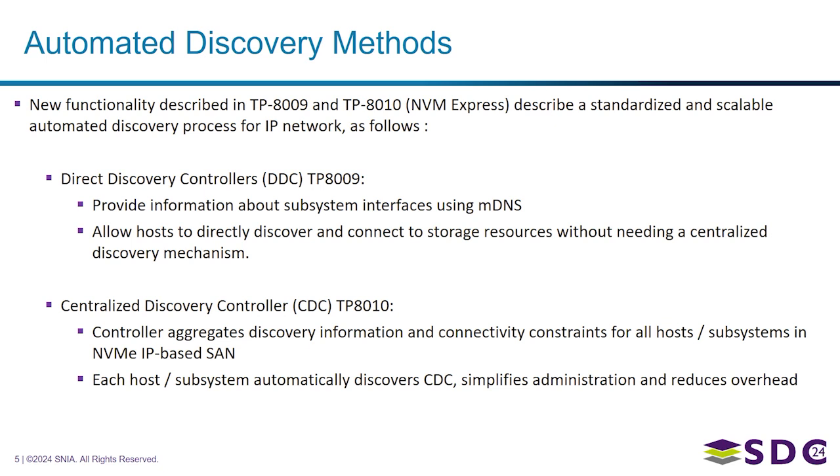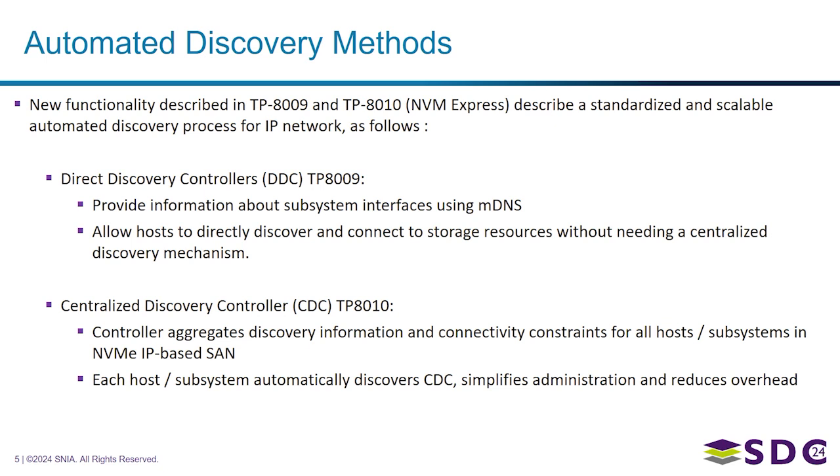They describe how we can do the standardization and scalability of the automated discovery process for a particular IP network. Technical proposal 8009 is associated with the DDC, and proposal 8010 is associated with the CDC, which is the Centralized Discovery Controller.